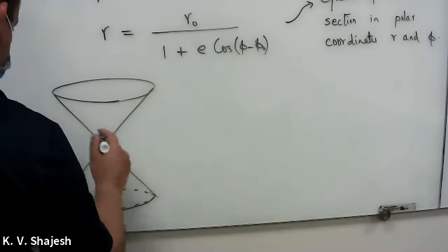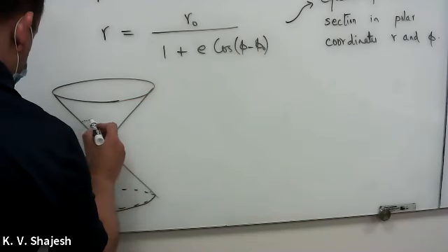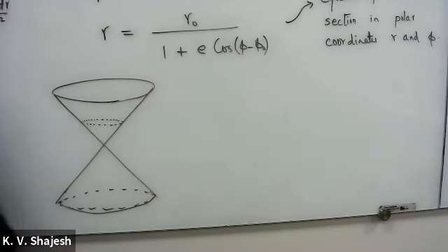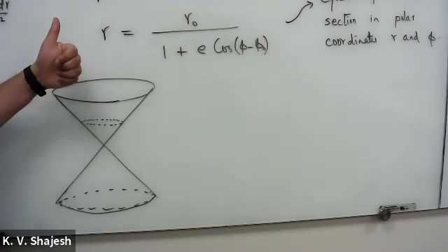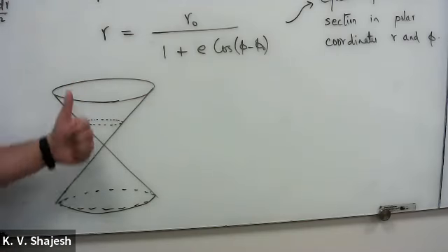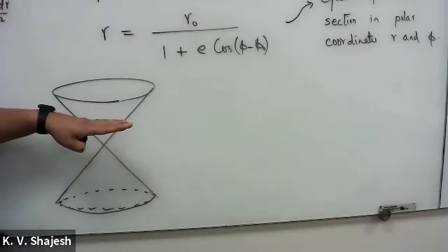If this plane was exactly perpendicular to the axis of the cone, it would be a circle.